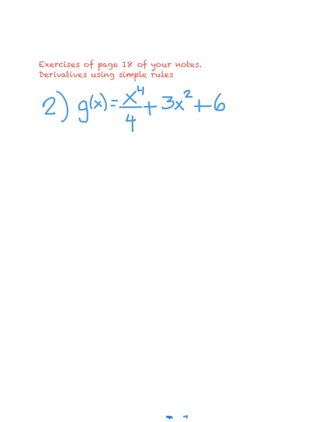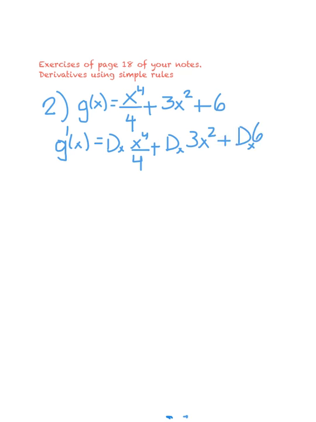Exercise number 2 is a three-term function, that is g of x equals x to the 4 over 4 plus 3x squared plus 6. So the first thing to do is dividing the derivative of g into the derivative of the three terms: the derivative of x to the 4 over 4, plus the derivative with respect to x of 3x squared, plus the derivative with respect to x of 6.